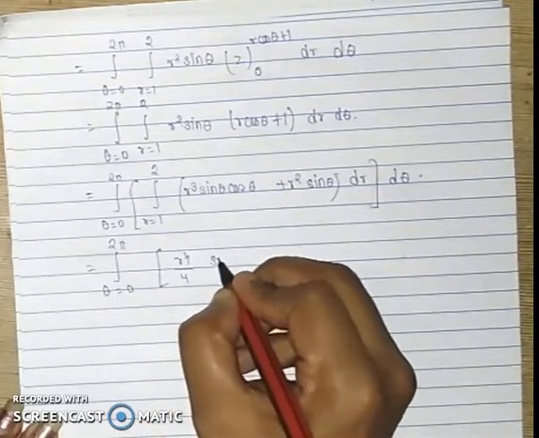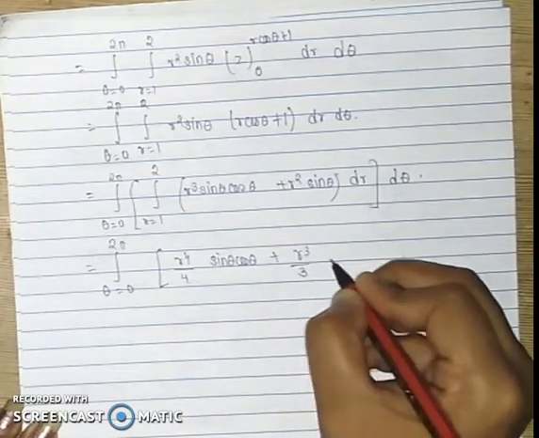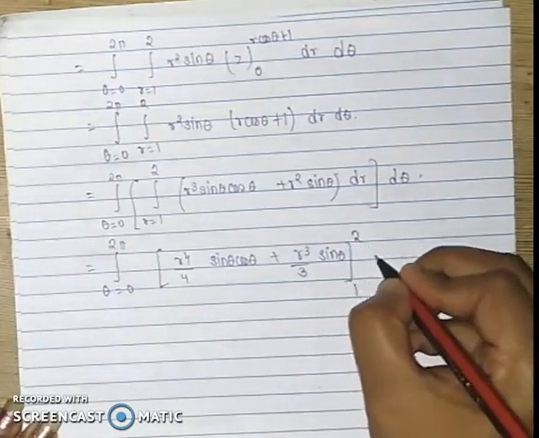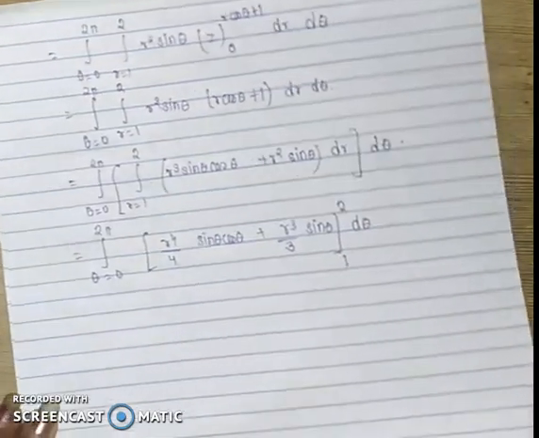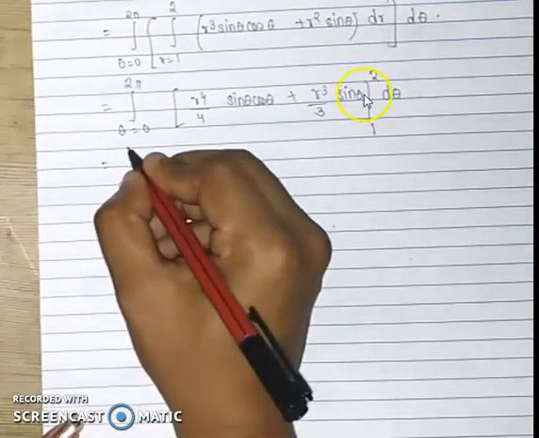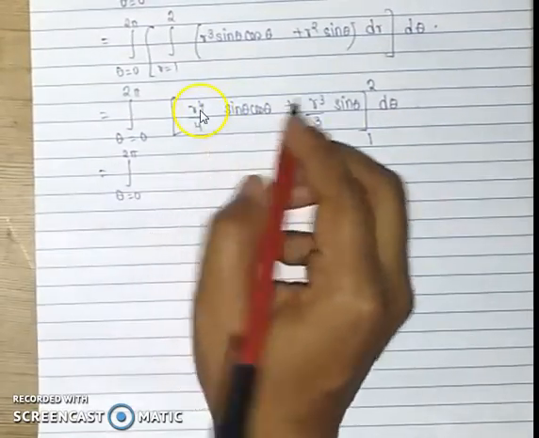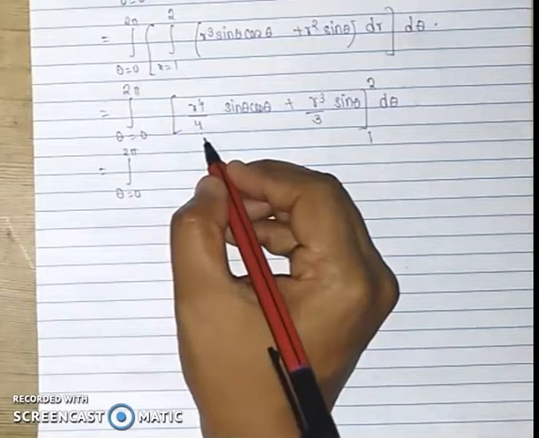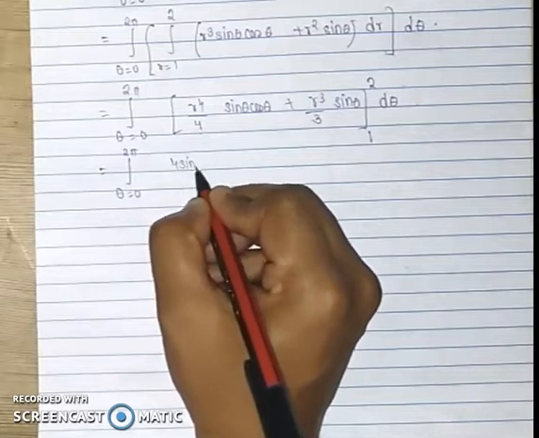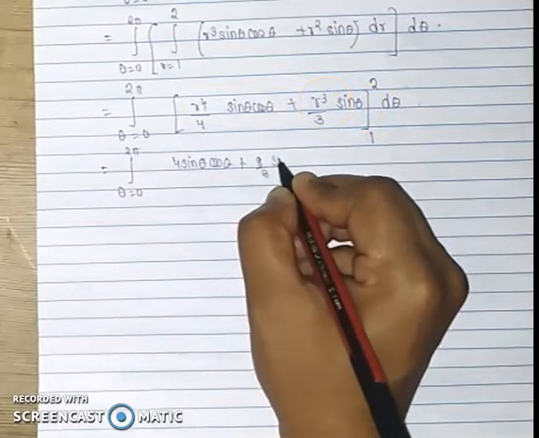r raised to 4 upon 4 sin theta cos theta, plus r cubed upon 3 sin theta, d theta, within the limits 1 to 2 and then d theta. Now we'll apply the upper limit minus lower limit. The upper limit is 2 and the lower limit is 1. So this turns out to be 2 raised to 4, which is 16 upon 4, which is 4 sin theta cos theta, plus 2 cubed, which is 8 over 3 sin theta.